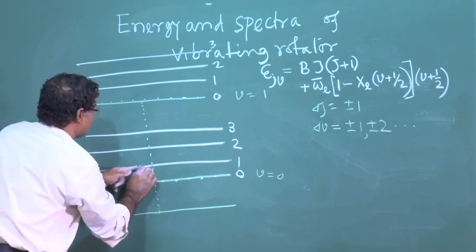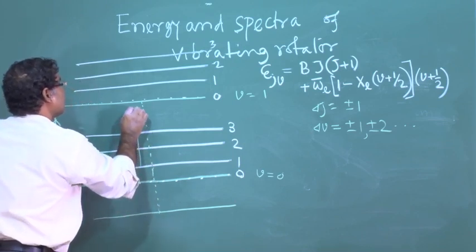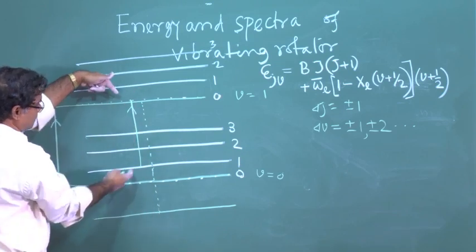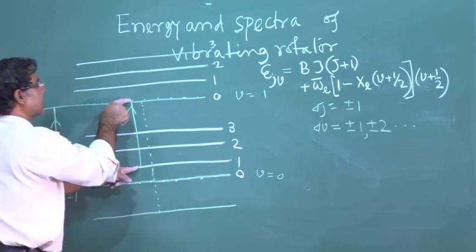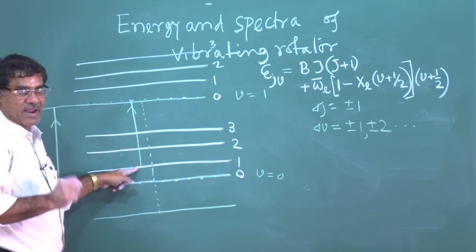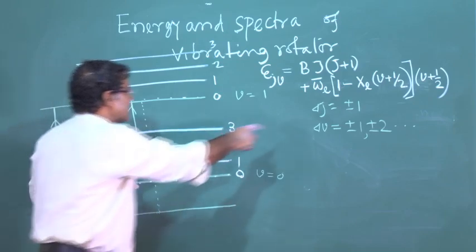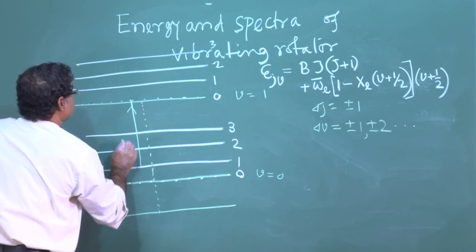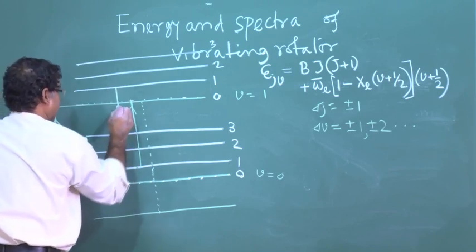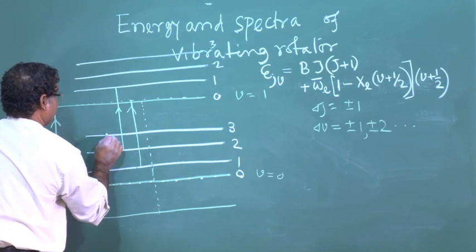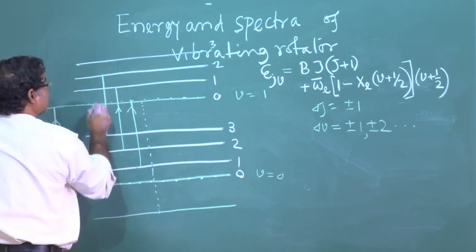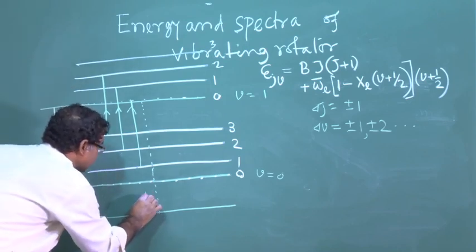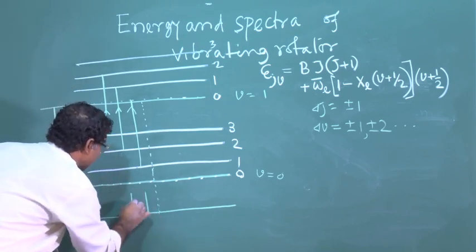Starting from 1 to 0, here j equal to 1, here j equal to 0. So, for del j equal to minus 1, that is allowed, then this transition, then this transition will be allowed. Okay. So, I will get these spectral lines.